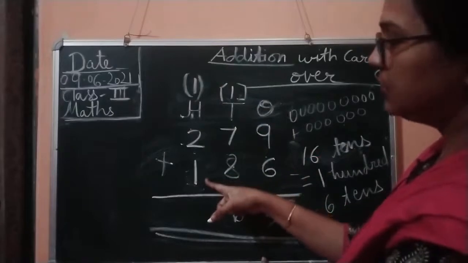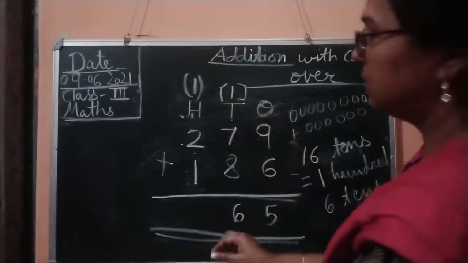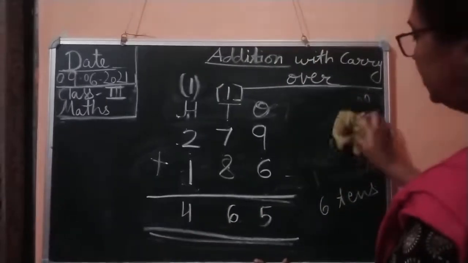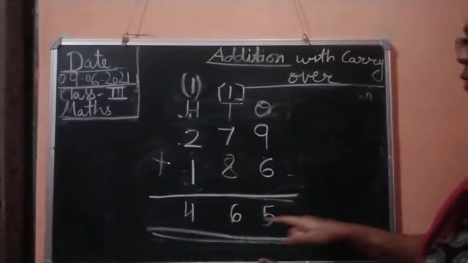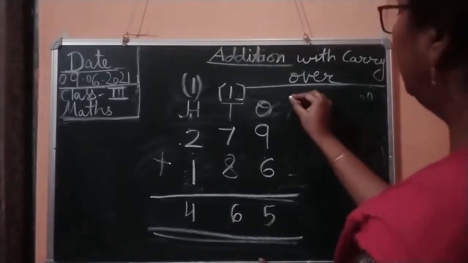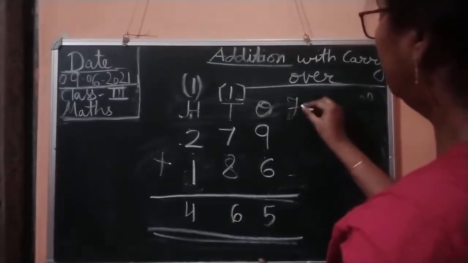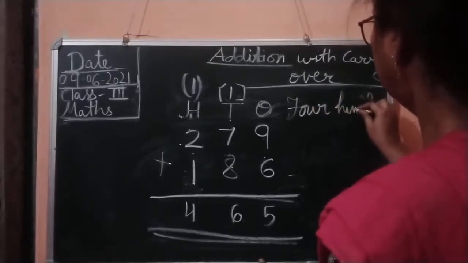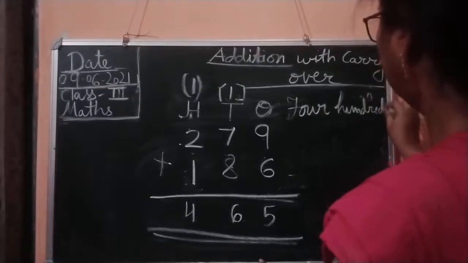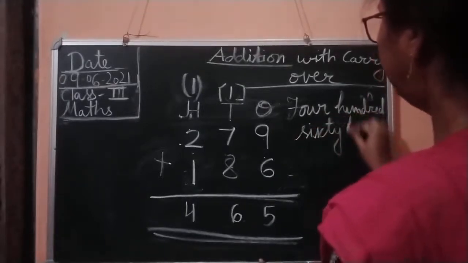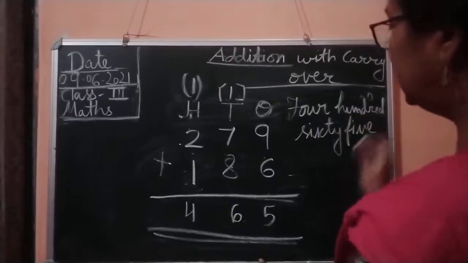2 plus 1, 3 plus 4. Okay children, so the answer is 465. It means 400, 65 is the answer.